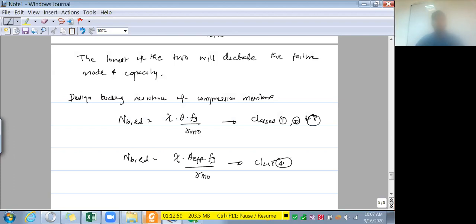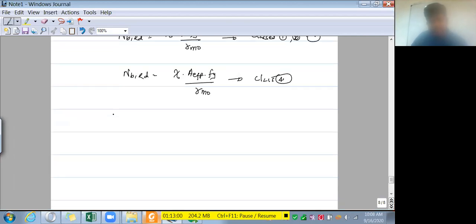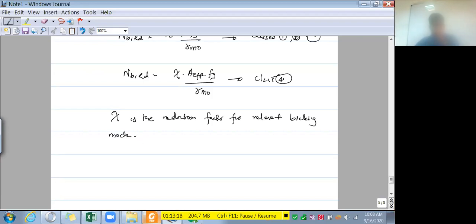So how to find the chi value? Chi is the reduction factor for the relevant buckling mode. These two are almost the same.